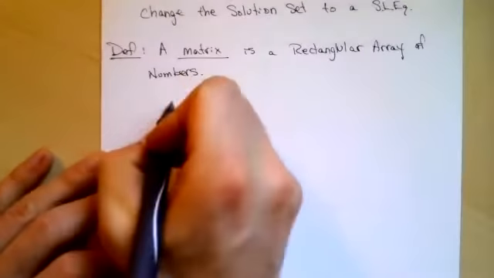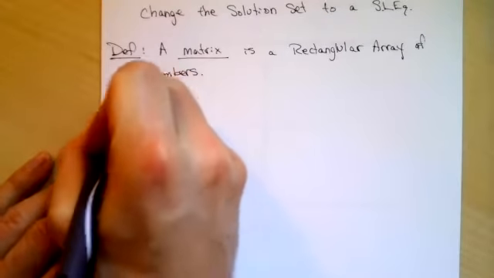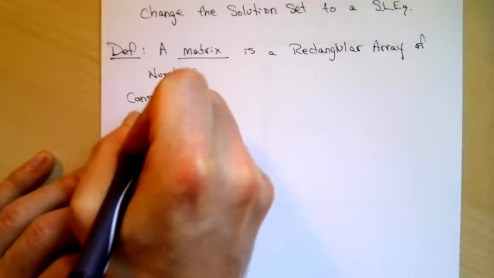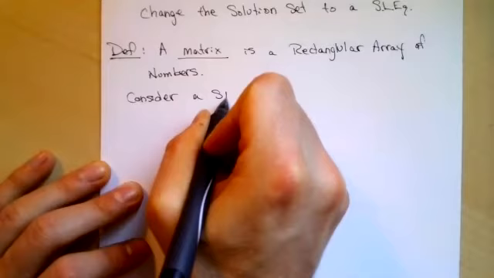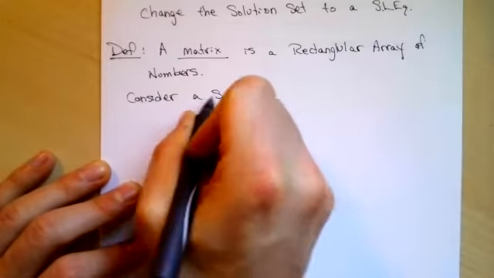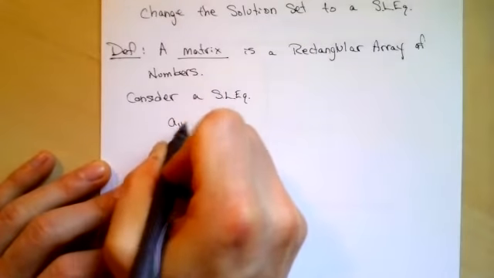So what we can have now, when we have a system of linear equations, I'm going to write it in our abstract notation.